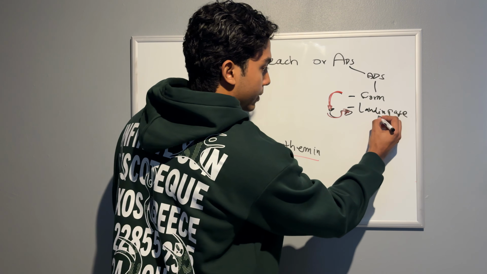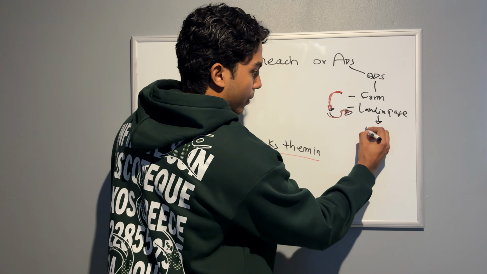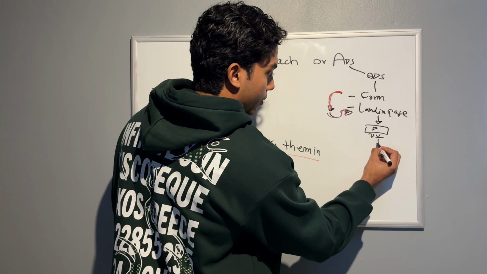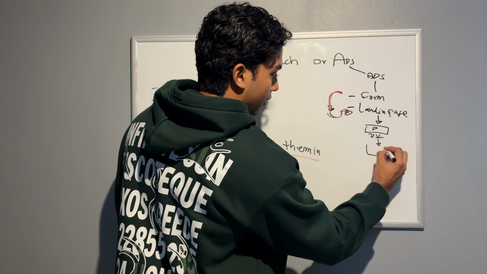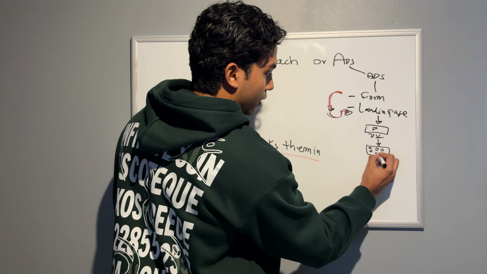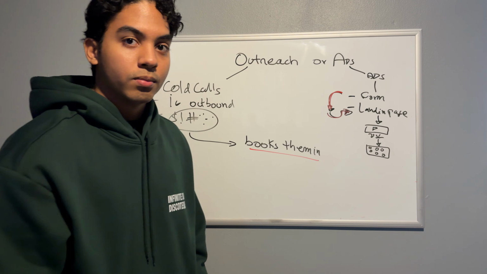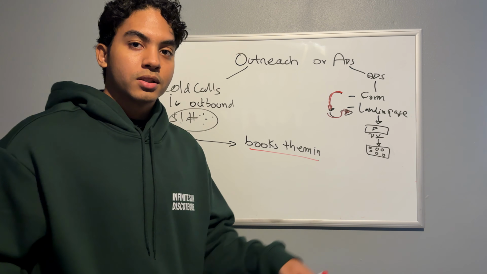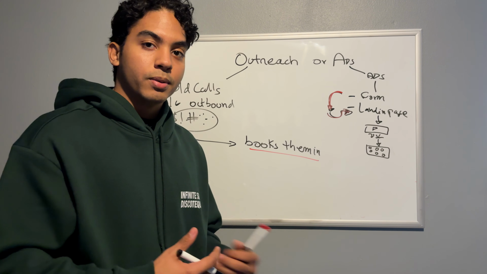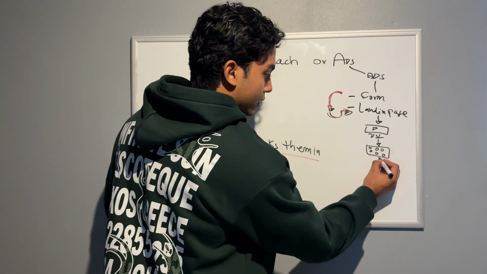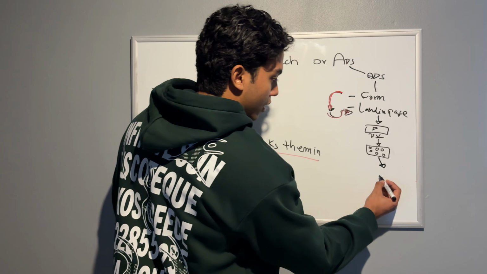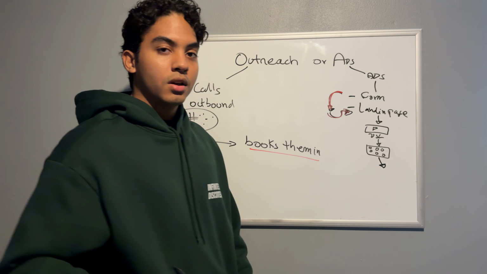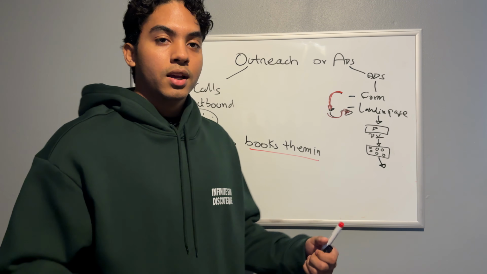Because on the landing page, it's going to be a VSL, and it's going to be a calendar link for them to book in. Because at the end of the VSL, I do a CTA of, hey, book yourself in the calendar so we can speak more about this. And the rest of the landing page is just what we do and the results, testimonials, frequently asked questions, guarantee, and so on.